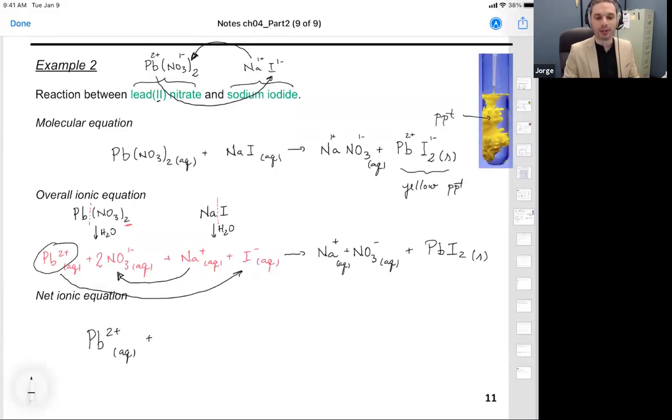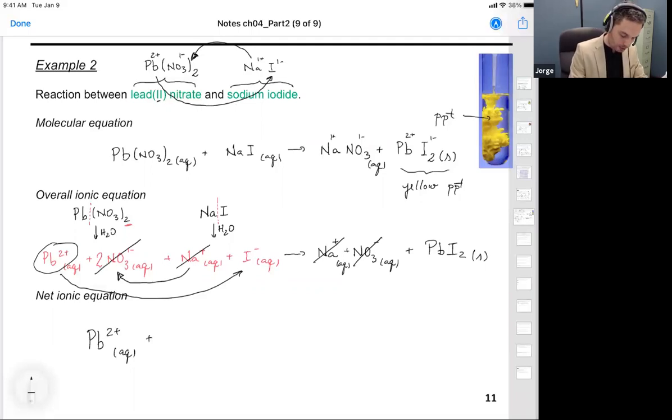For nitrate, the reaction is not balanced out, but doesn't matter. You see nitrate in the reagent side and nitrate in the product side. We cancel that up. Same thing for sodium. We found the same thing on both sides.